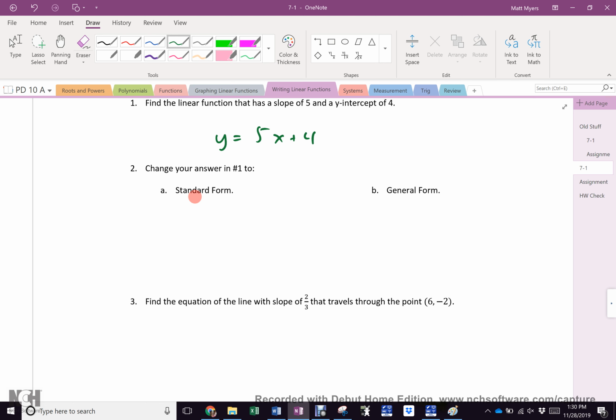What do we got to do? 5x plus y? Minus y equals 4? Minus 4. That's what I said. You have to isolate 4. Oh, you have to isolate the y-intercept. I'm so sorry, Jordy. I thought you said I have to isolate the y value. Oh, silly me. That's on me.